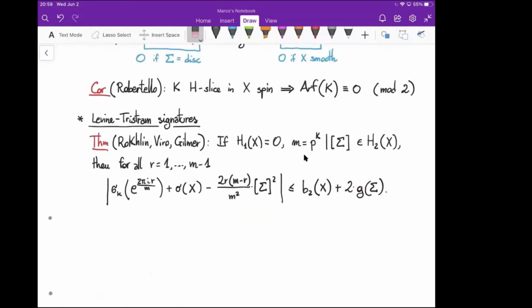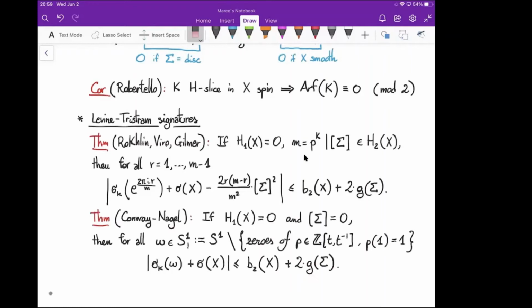One is from Rokhlin and then generalized by Viro and Gilmer, which says that by studying the Levine-Tristram signatures, they basically study signatures of branched covers of X over sigma, and they find that the signature of K plus the signature of X lies in a certain interval, essentially.